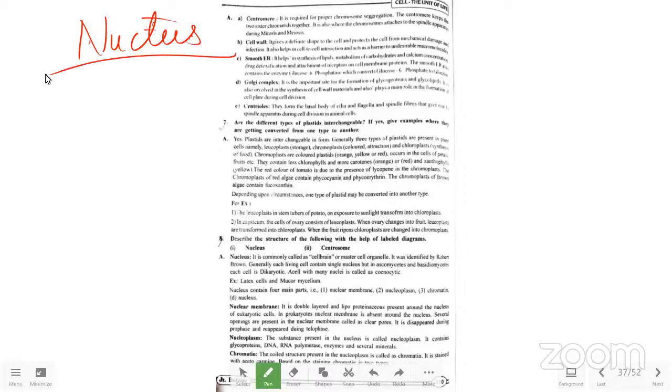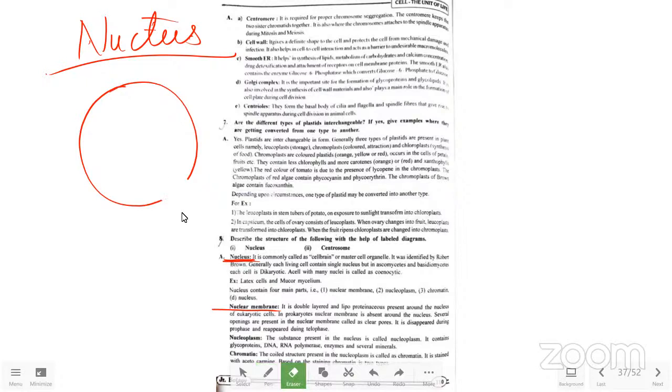Describe the structure of the nucleus. Whenever we say nucleus, where is it present and how does it look? The nucleus is a double membranous cell organelle, and the two membranes are not present in a continuous manner.